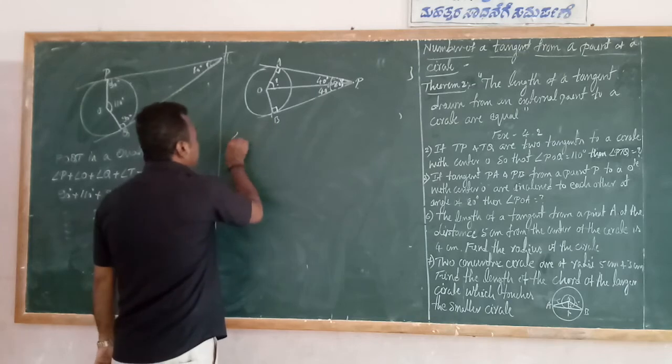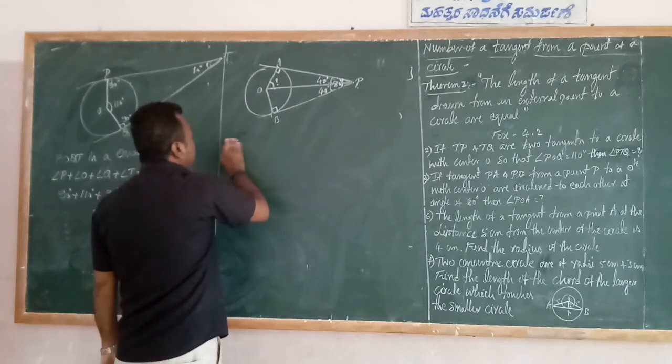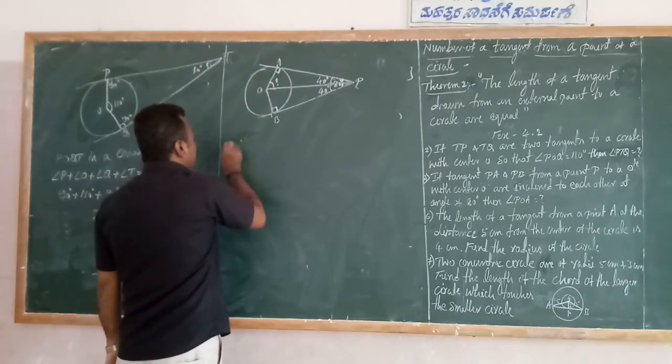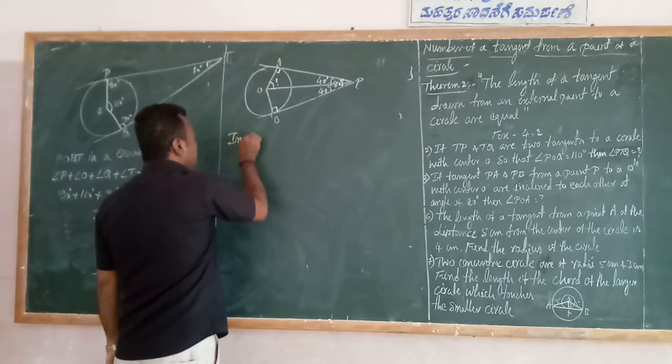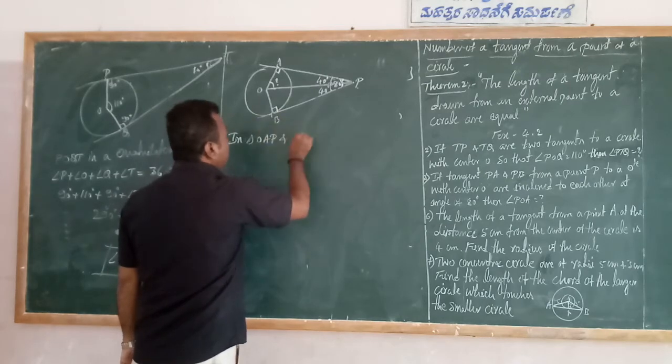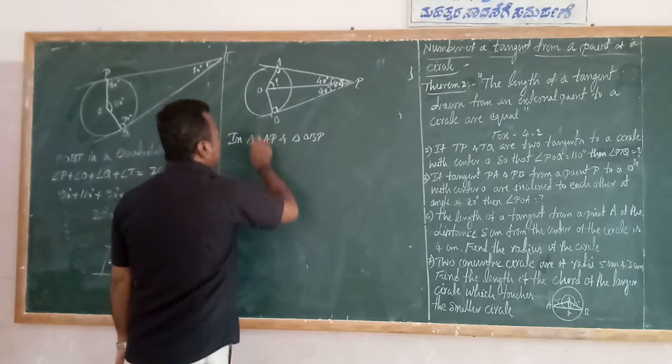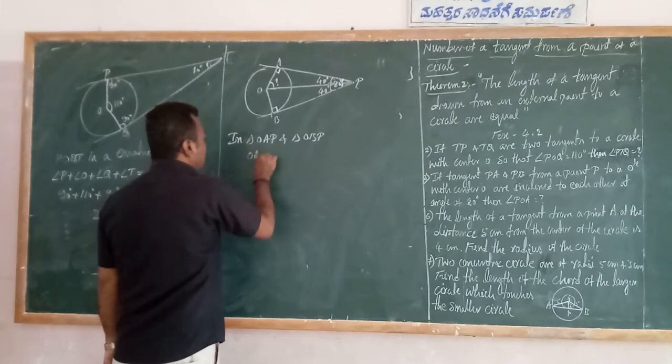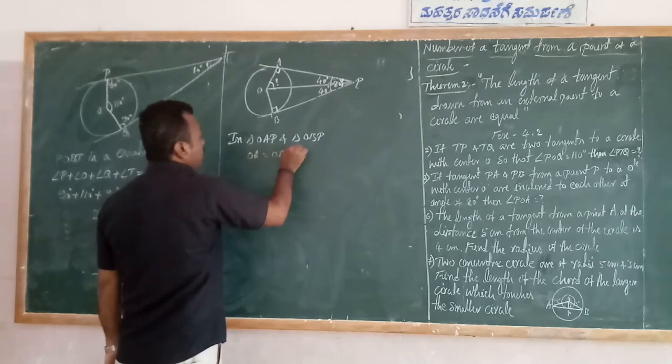Take triangle OAP and triangle OBP. OA is equal to OB because they are radii of the circle.